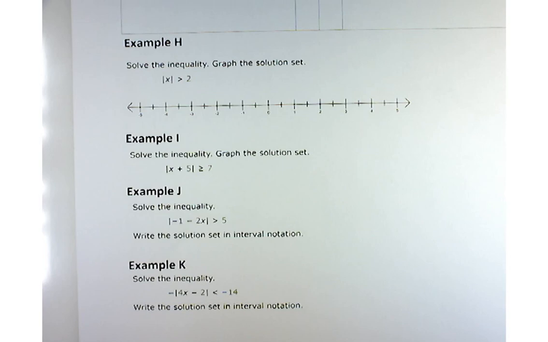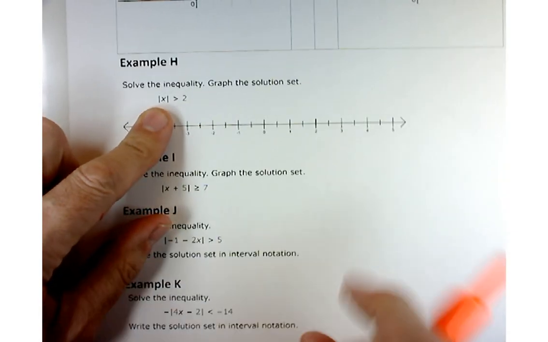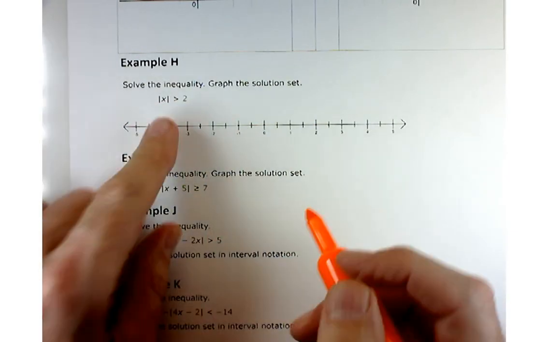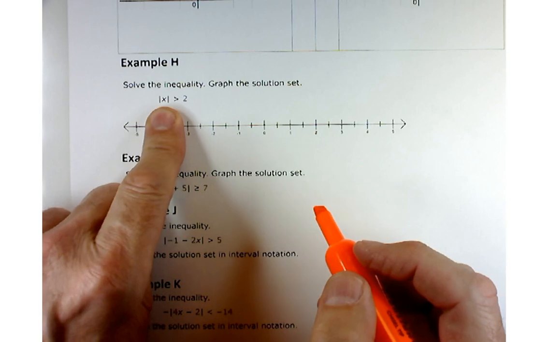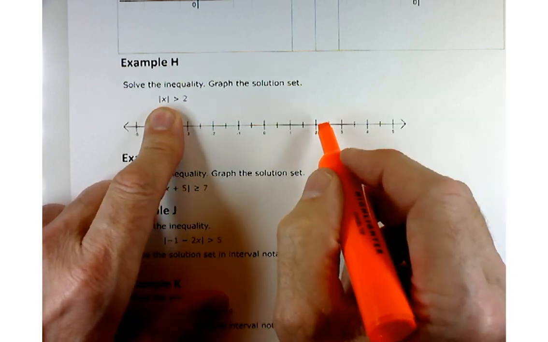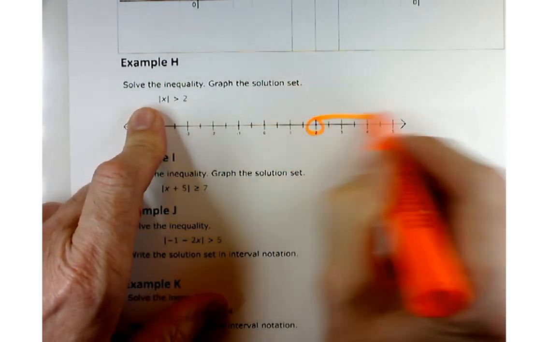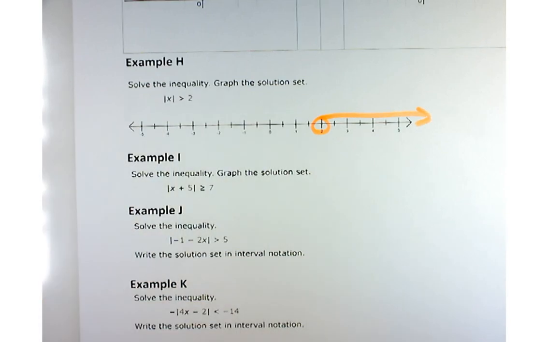Now, just as kind of a reminder, that absolute value greater than inequalities face away from each other, let's look at this one and see if we can't think of values of x that satisfy this. Something you take the absolute value of and is bigger than 2, you're going to find those values to the right of positive 2.